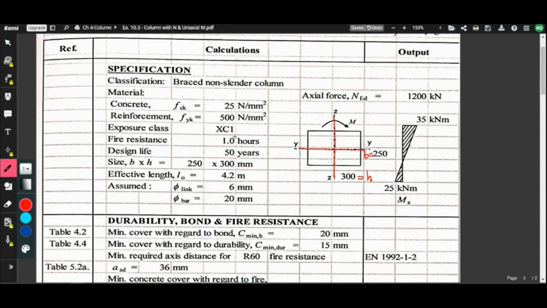And moment about the Z axis, this is the bending moment diagram for the Z axis.